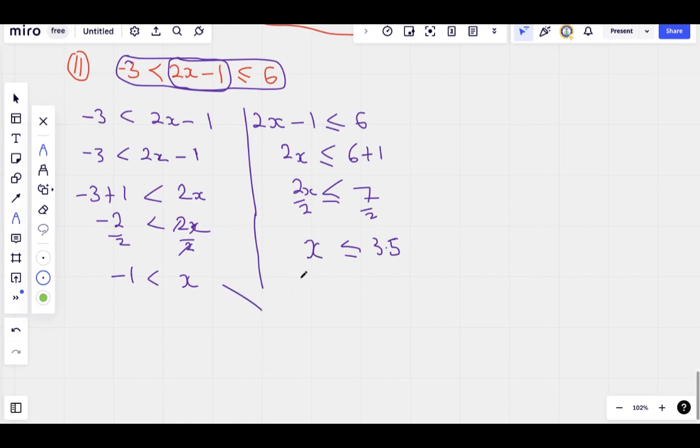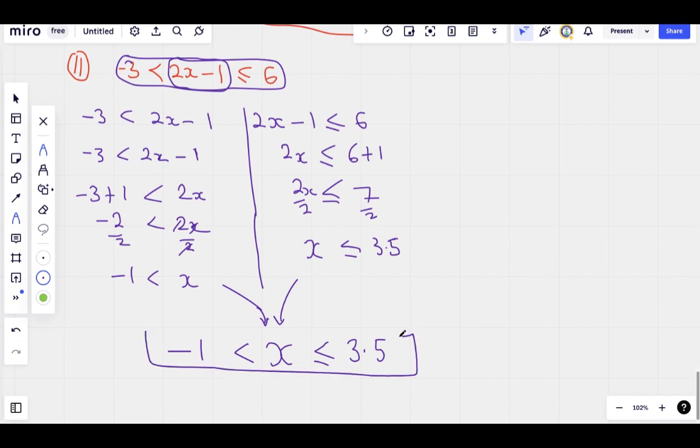Let's merge them together. Now we have our double inequality. So x and x, we write only x. x is less than or equal to 3.5, and x is greater than negative 1. So this becomes the inequality.